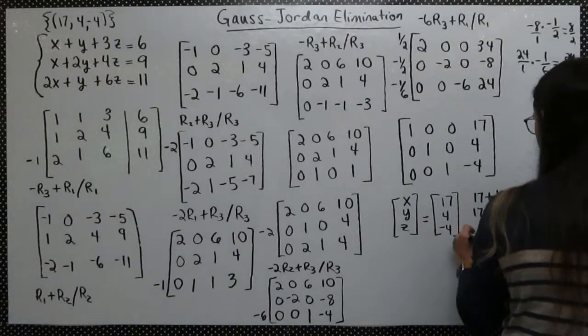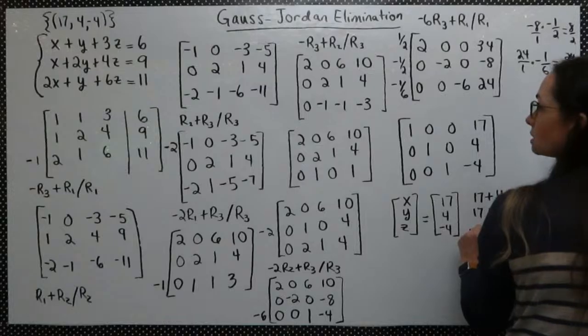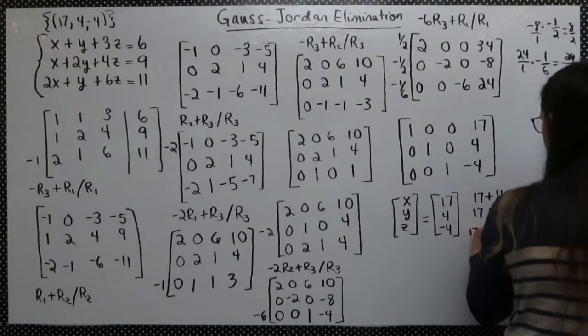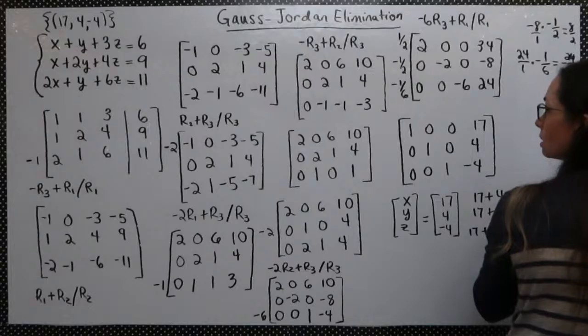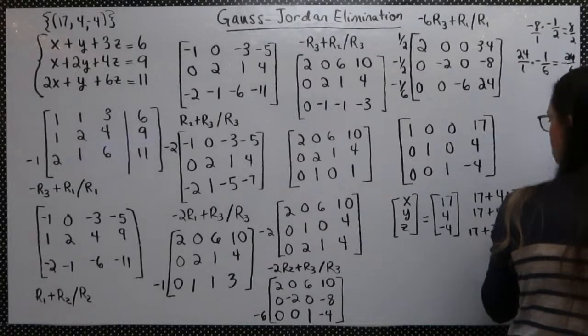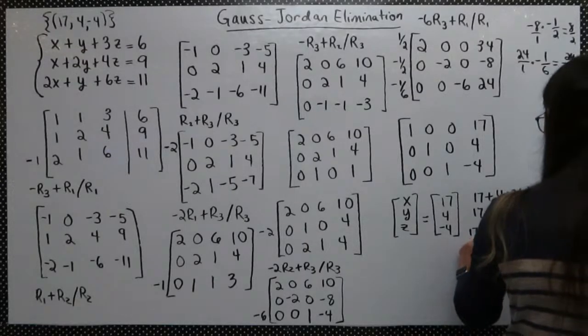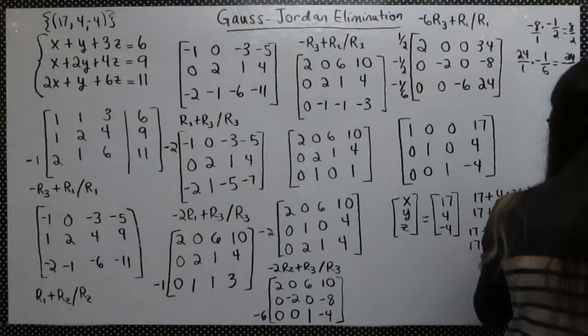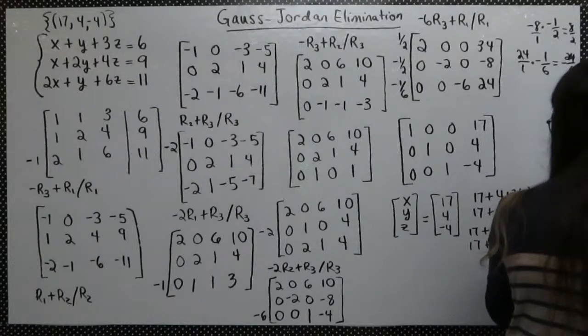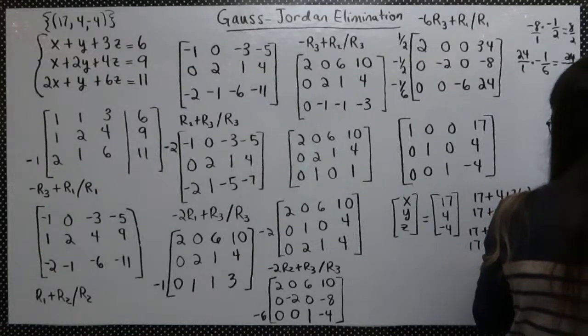So we've got 17 plus 2 times 4 plus 4 times -4. Does that equal 9? Let's see if we can get it to equal 9. 17 plus 8 minus 16. That equals 9.